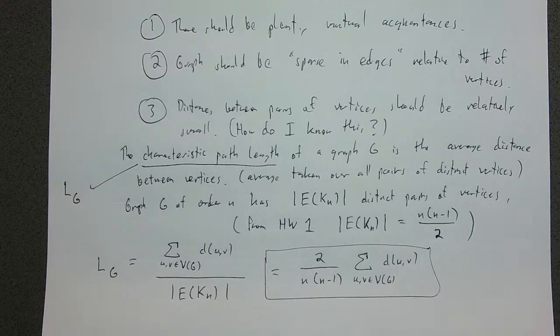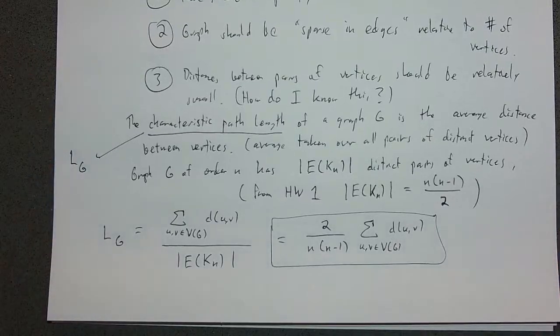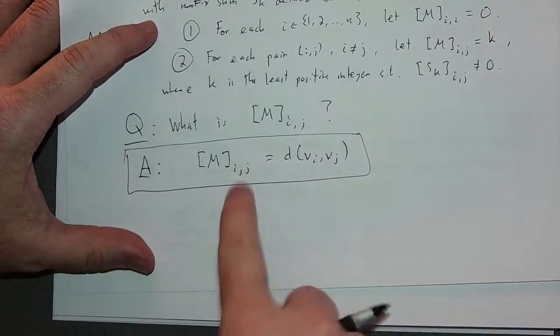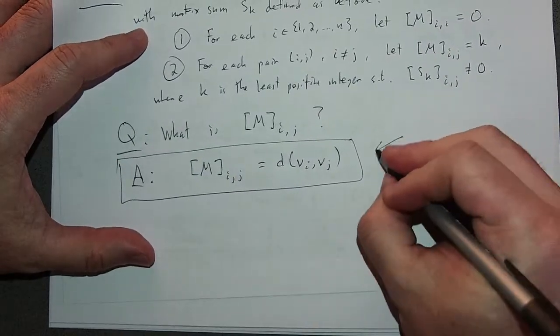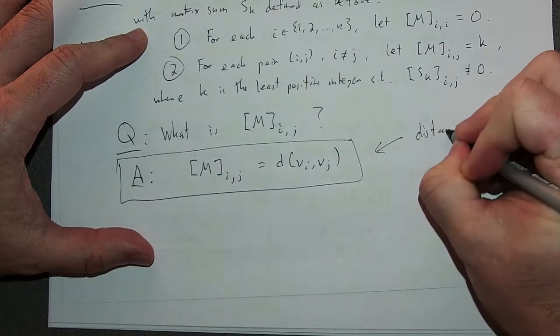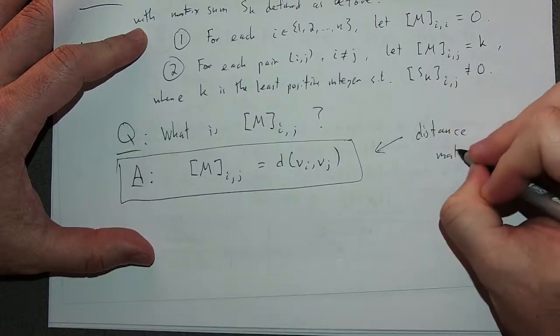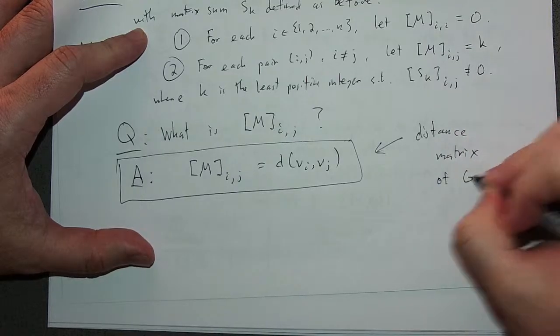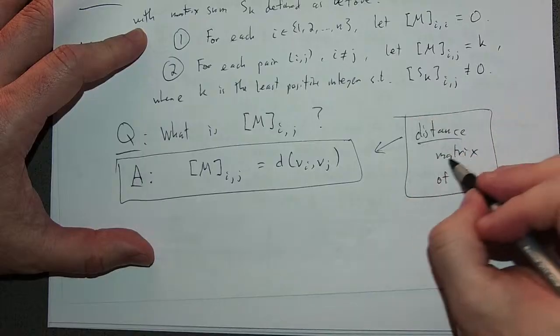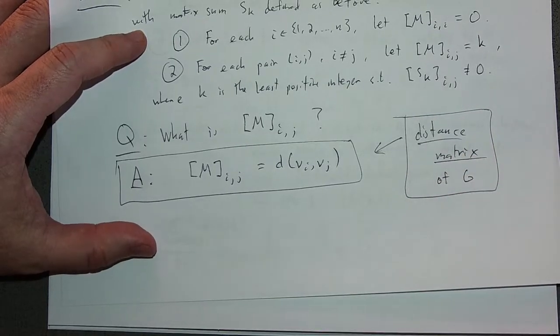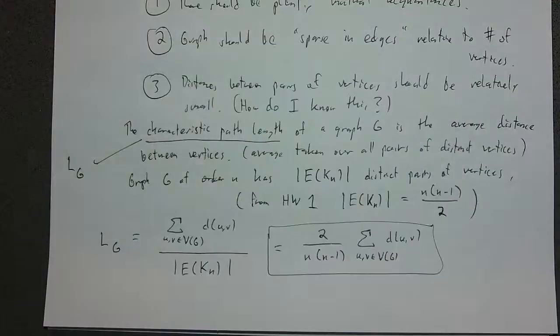So what's a way to do this, of course? Well, we defined this matrix M previously. What is the name of this matrix? Well, it seems fitting to call it the distance matrix for the graph. I can actually compute this by doing what?